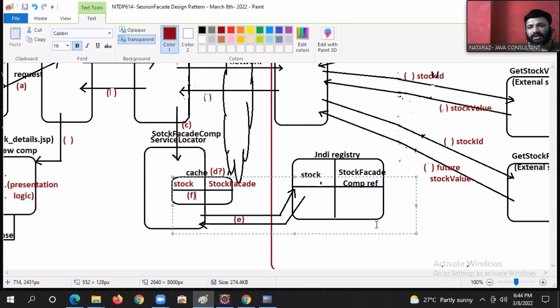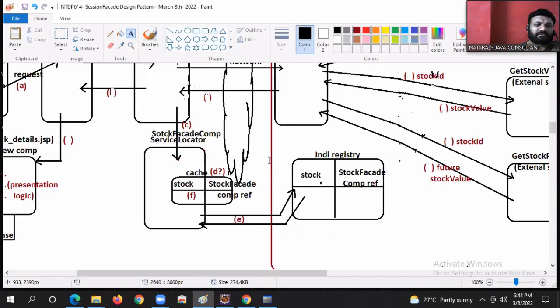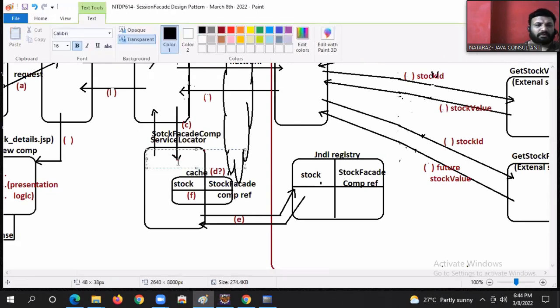StockFacade component reference. EF. Next, G. This is G. EFG.